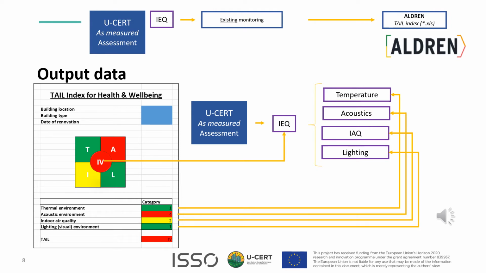So there will be 5 indicators. One detail index for the whole building, and then one indicator for thermal environment, for acoustic environment, indoor air quality, and lighting environment, if all the things manage to be assessed within the tool.